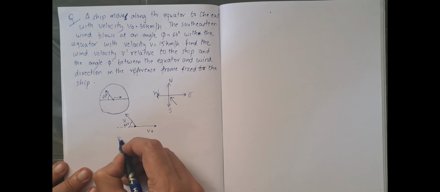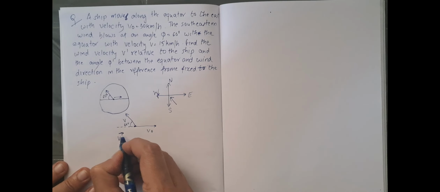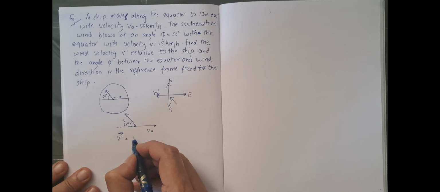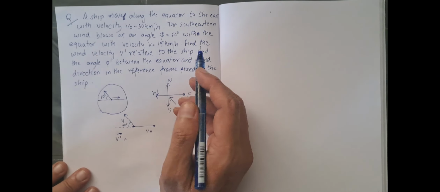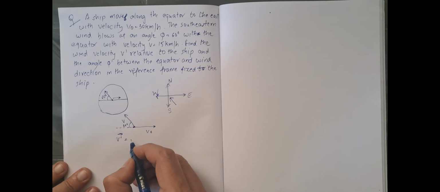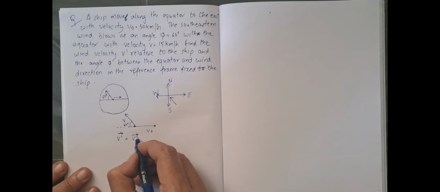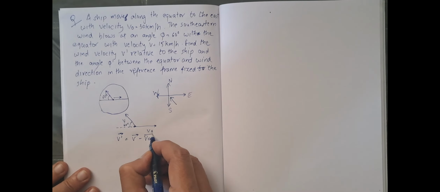That's the first part of the question. So what is v dash now? Relative velocity concept. Relative velocity of the wind with respect to the ship will be equal to velocity of the wind minus velocity of the ship. That's the first thing that we know about this entire problem.